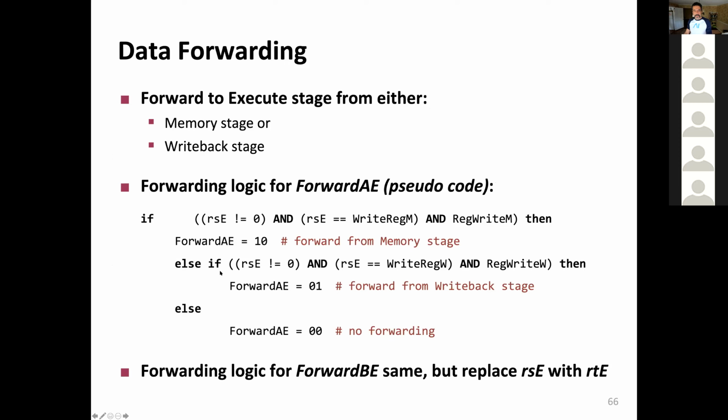And if this is true, and you see this write register M, write register W, so in this case, meaning that we want to forward the value from write back stage. This is 0, 1. So 1, 0, 0, 1, and no forwarding 0, 0.